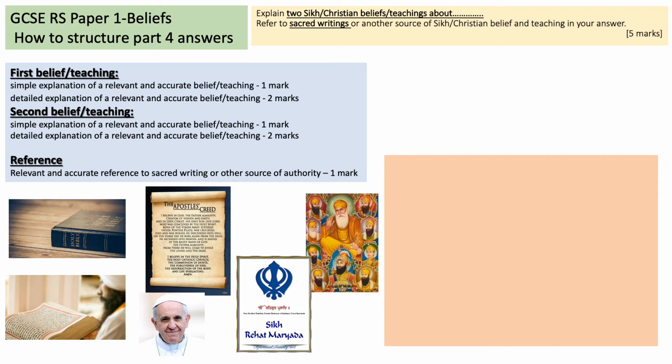You may refer to the Guru Granth Sahib. You might refer to someone like Pope Francis as head of the Roman Catholic Church. You could refer to the Rehat of the Khalsa, a set of rules that Sikhs may follow once they have taken Amrit. Or you may refer to one of the Gurus, something they did or something they said.